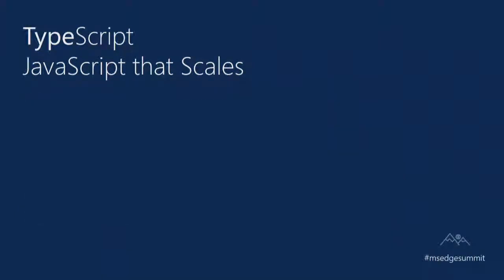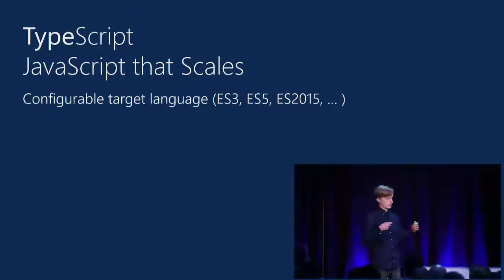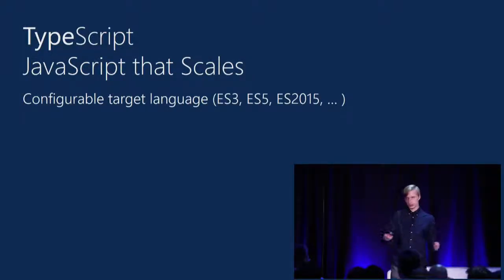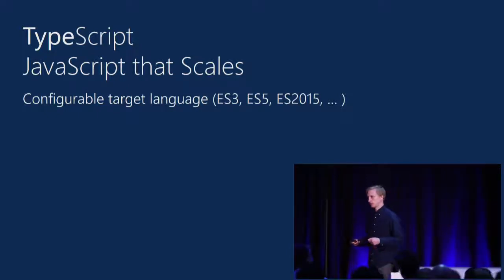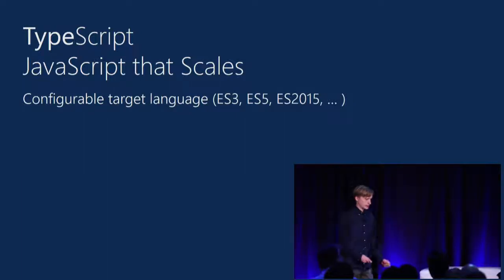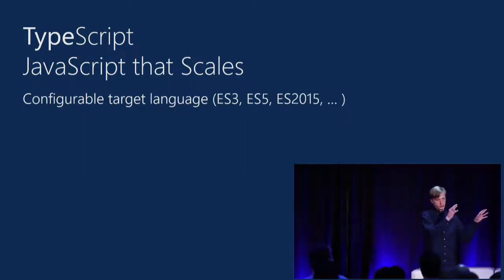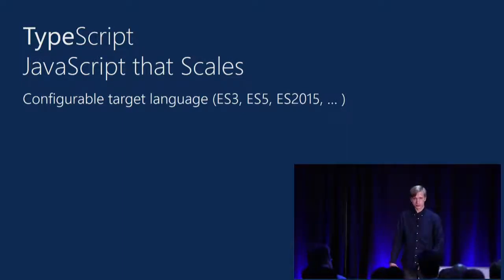So on the other side of the equation, how do you write modern JavaScript code, ignoring types? How do you just write modern JavaScript code and support browsers of the past? The way TypeScript does this is by compiling your future JavaScript code plus types into past JavaScript code.